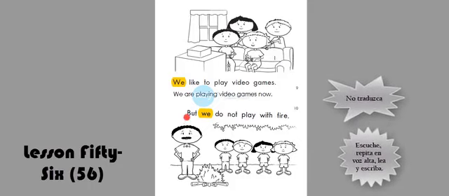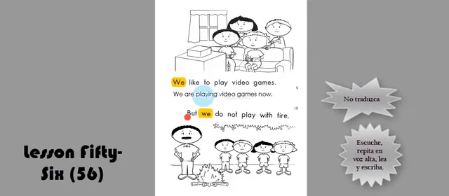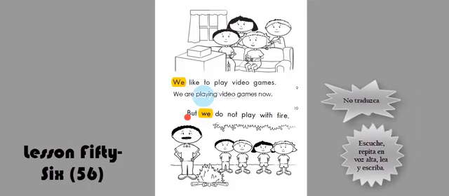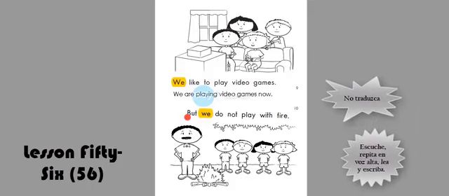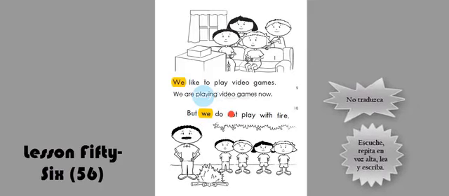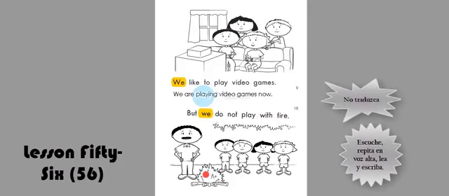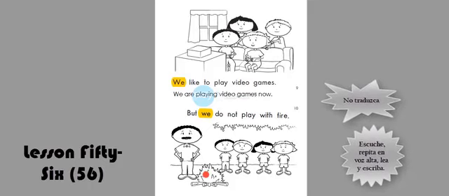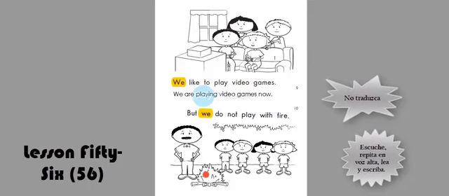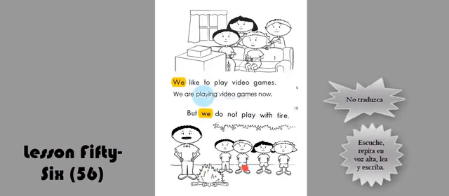Ahora dice but para introducir un contraste. Contraste de lo que va a decir con lo que previamente ha dicho. But we do not play with fire. Look, this is fire. Okay? Look, they are not playing with fire.